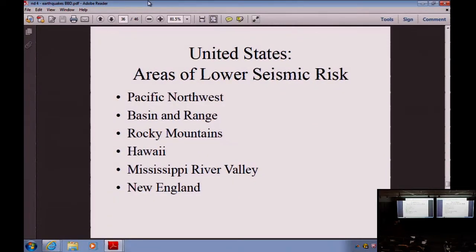Lower seismic risk. So on the one hand, it's not such a huge deal, because these are not areas where earthquakes are happening every day, but it's actually really bad. Some people think it's worse because people are not prepared. In Boston, we don't do earthquake drills in high school like they do in California. People don't know what to do. Also, the buildings are not properly constructed, especially in older cities.